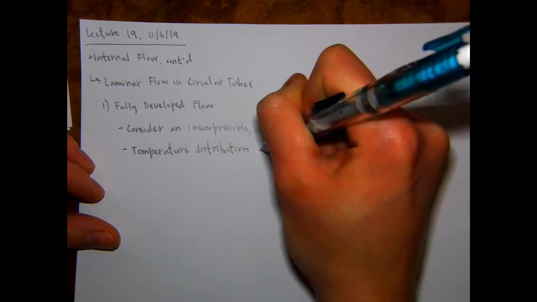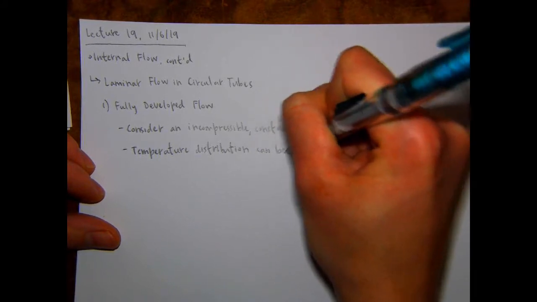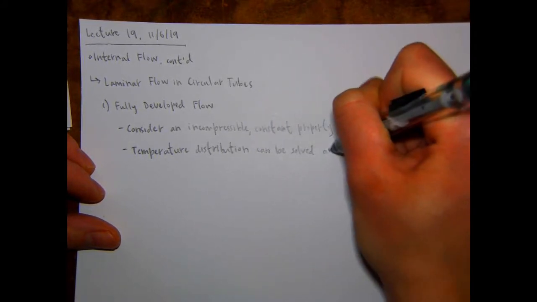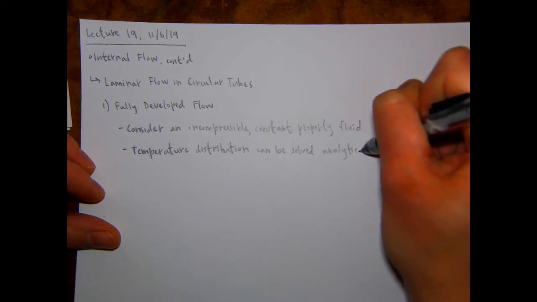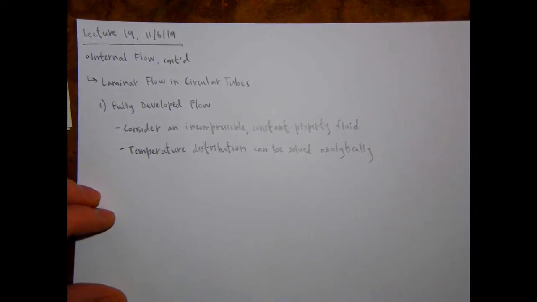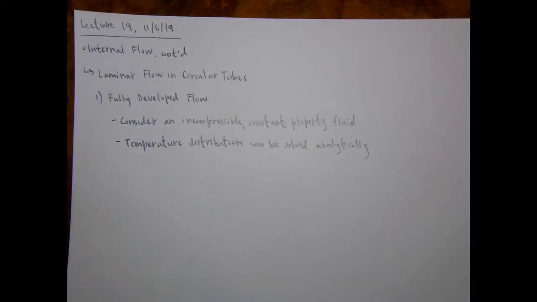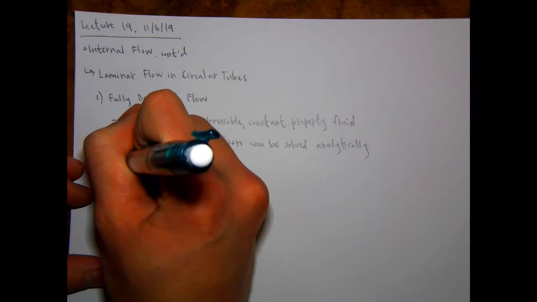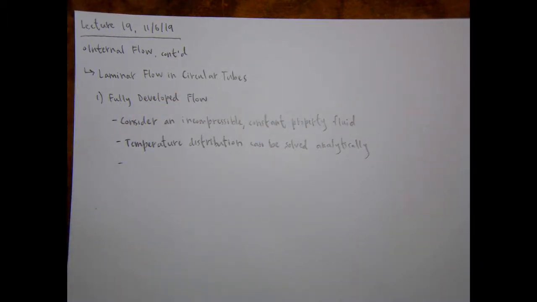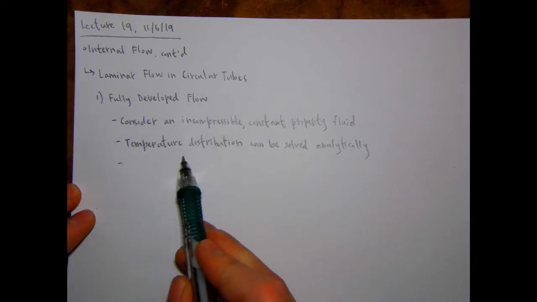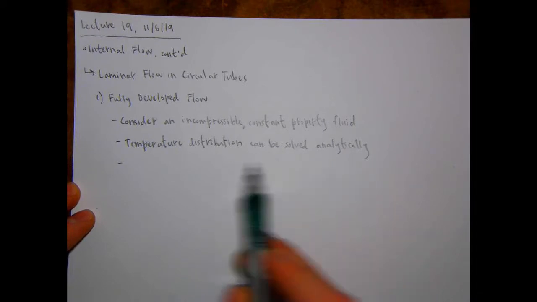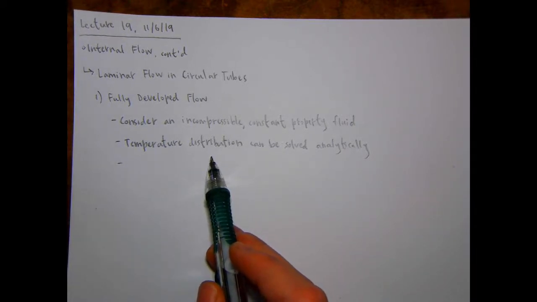For this problem, the temperature distribution can be solved analytically. And so rather than the empirical method of determining the Nusselt number, where you do a bunch of experiments and collapse all the data and come up with an expression for the Nusselt number, and from there you calculate h, the temperature distribution can be solved analytically, so you can directly calculate the temperature distribution, the derivative of the temperature distribution, h, and then calculate the Nusselt number from that.